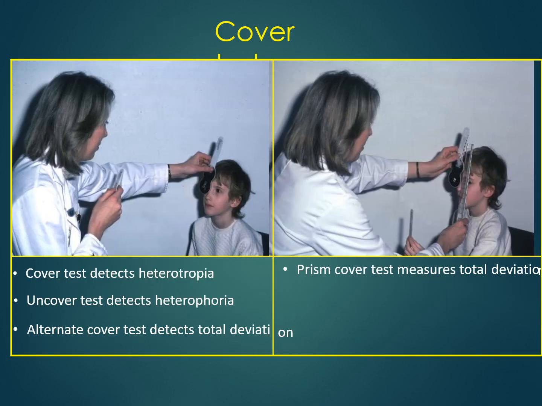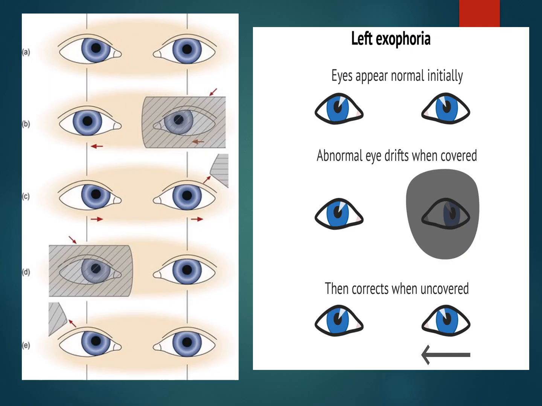The picture on left shows cover-uncover test being done, and the picture on right shows prism cover test being carried out. Cover test. First, Hirschberg test is done to determine which eye is deviated. In the picture, the right eye is deviating medially and there is convergent squint.